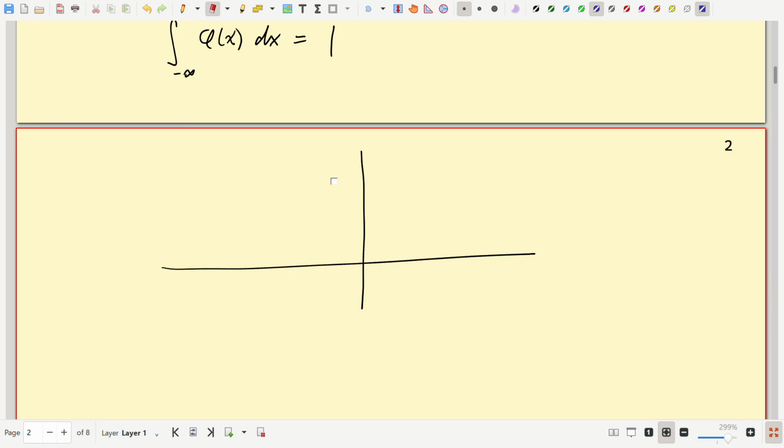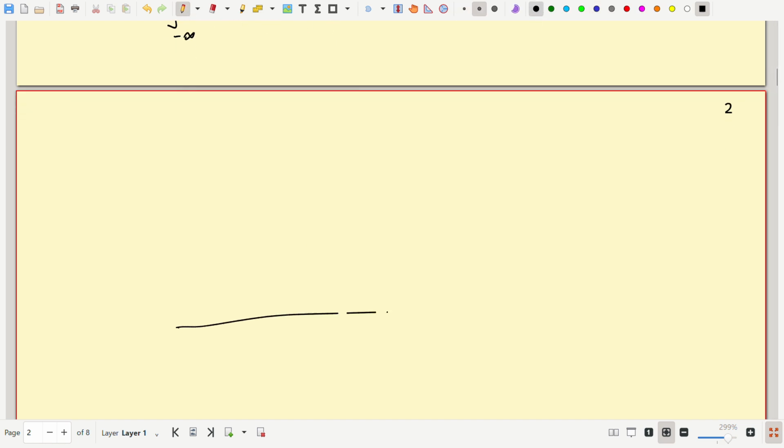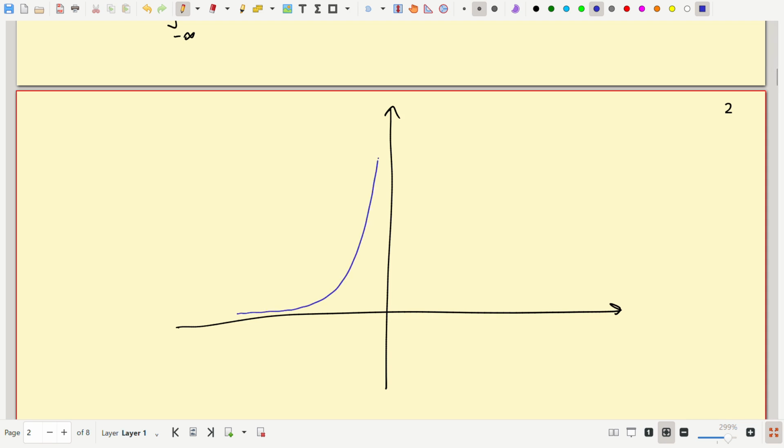Let me make a bigger bump. So it's going to be 0 longer, but then the bump's going to be really concentrated like that. And the area under the bump is going to be 1.